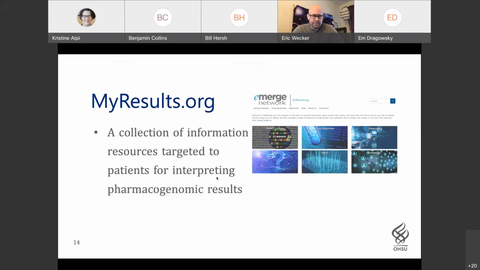And there's myresults.org, a tool designed for patients to be able to interpret their results, whether it's lab tests or genes or whatever that may be.